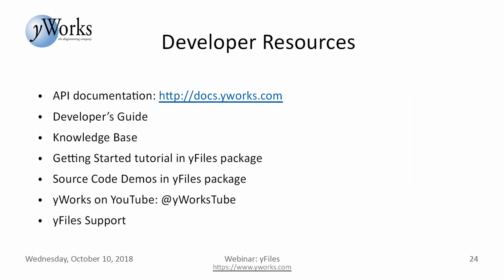Okay, let's take a look at the resources for developers that use yFiles. So where can you get information? That's always the crucial point. First of all, we have an API documentation that's available at docs.yworks.com. That's really a great tool. You should check it out.